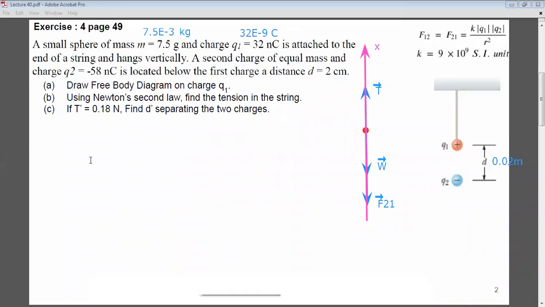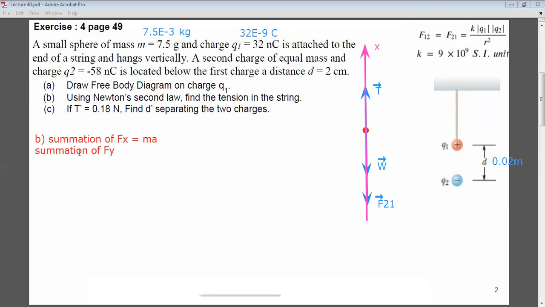Now, using Newton's second law, find the tension in the string. Here I will use the summation of Fx equal to ma, or the summation of Fy equal to 0.